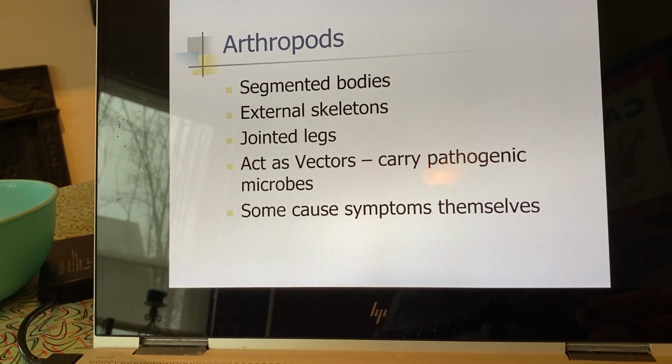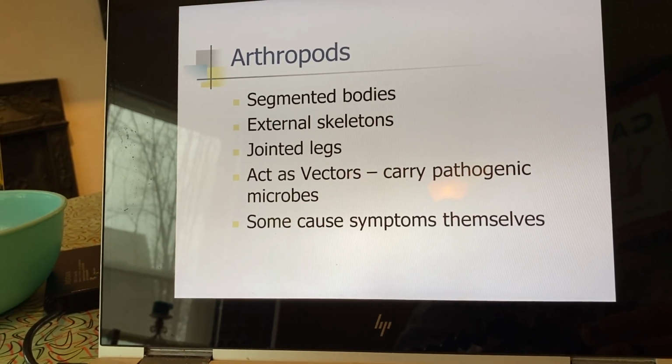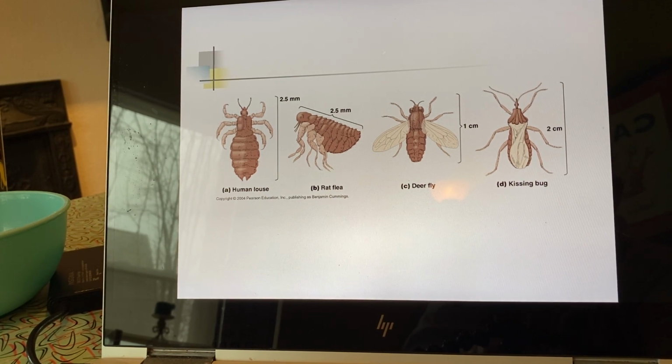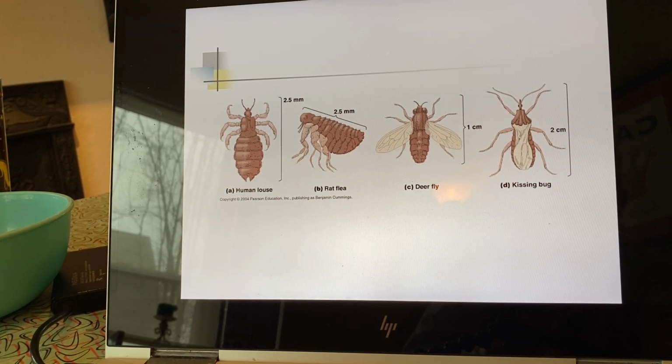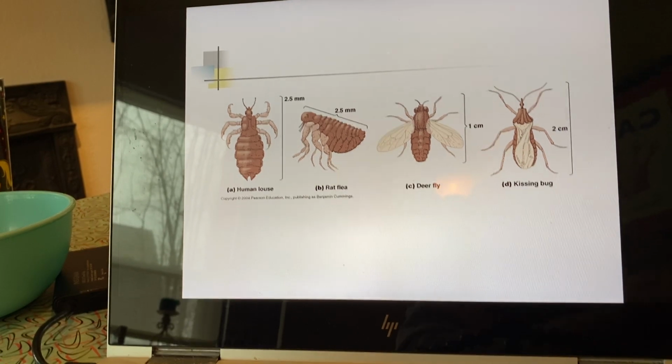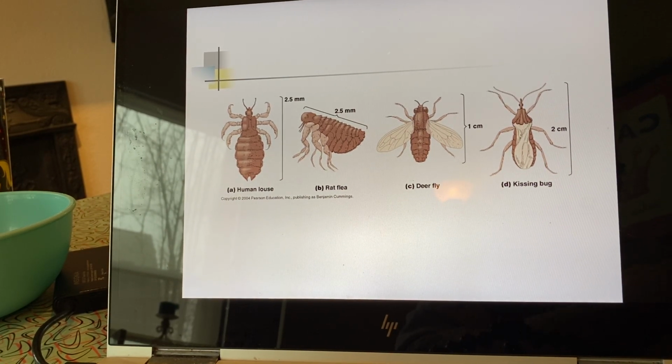So when we talk about arthropods in the parasites chapter, we're going to talk about the ones that tend to live on people or are vectors. So obviously lice, fleas. One thing that's really scary that's happening right now, and this was before the pandemic, is that there's actually a resurgence of the plague. Okay, now when we mentioned the plague, we would think, oh my God, that happened way, way back in history. There has actually been a resurgence of active infections of the plague, most predominantly in homeless populations in Los Angeles.